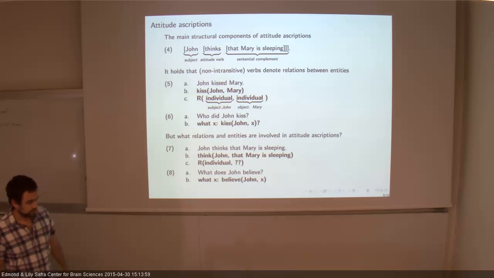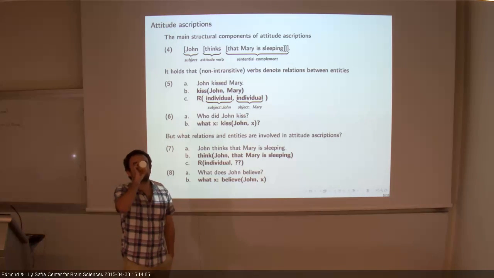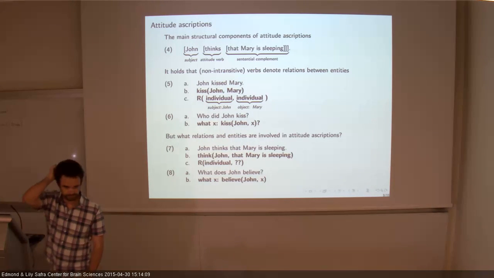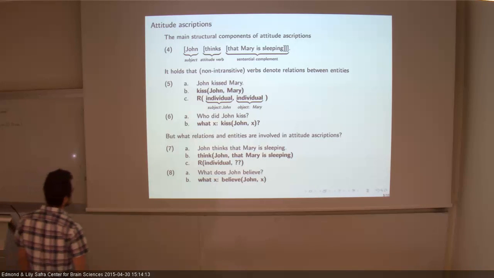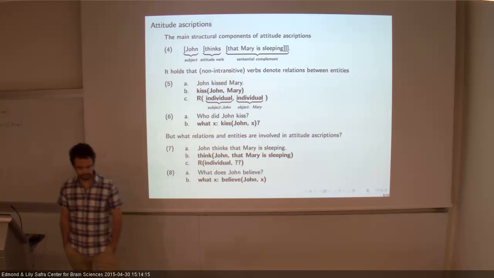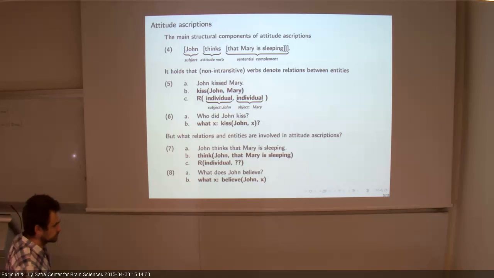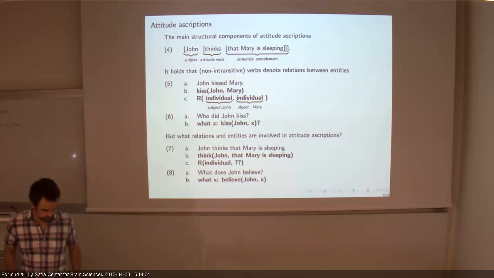Actually, one thing you might want to do is go back to the first lecture, where I discussed the representational theory of mind, which most of us abide by when we talk about knowledge. There you will see that the analysis at the very beginning, though I didn't go into the details, is exactly that.